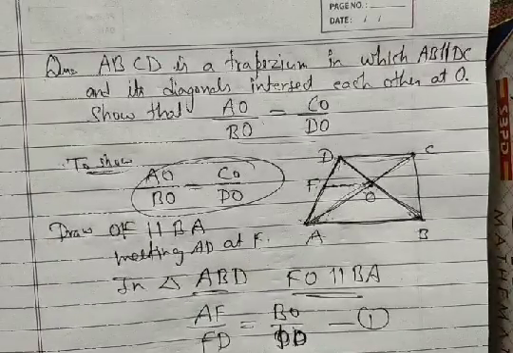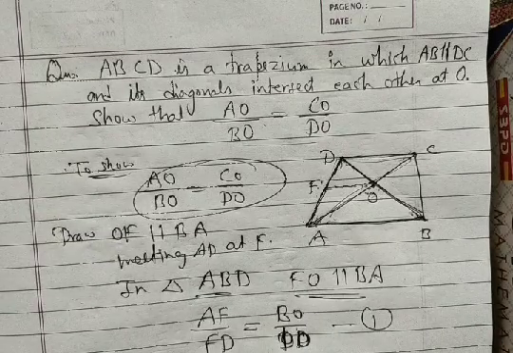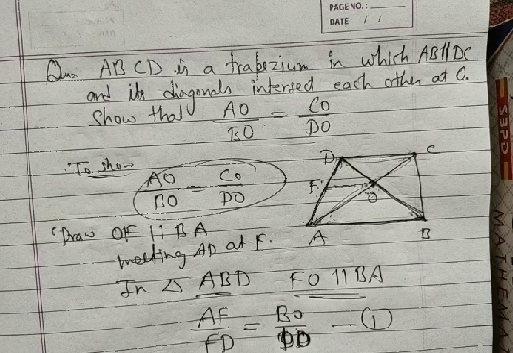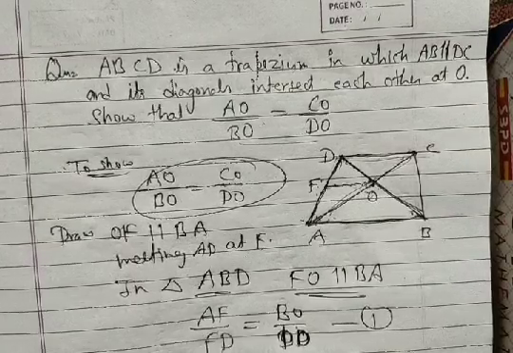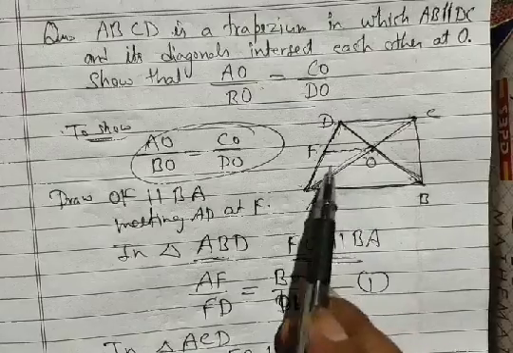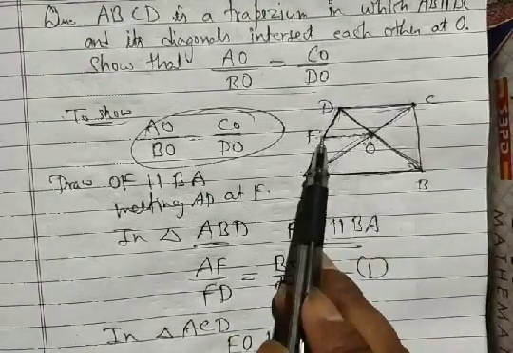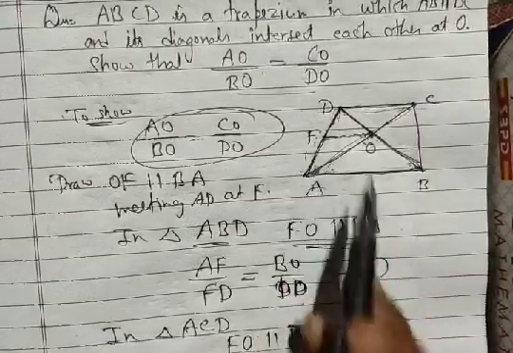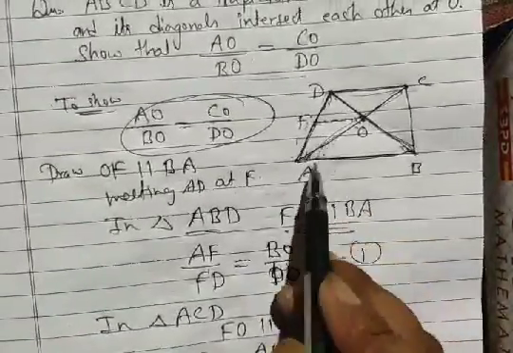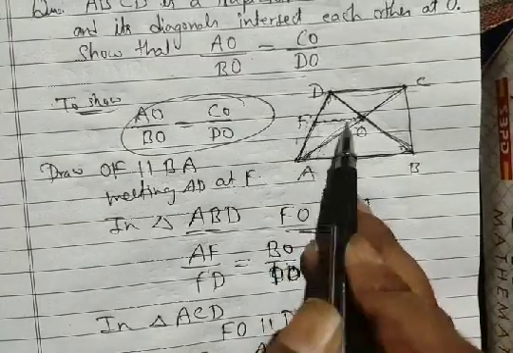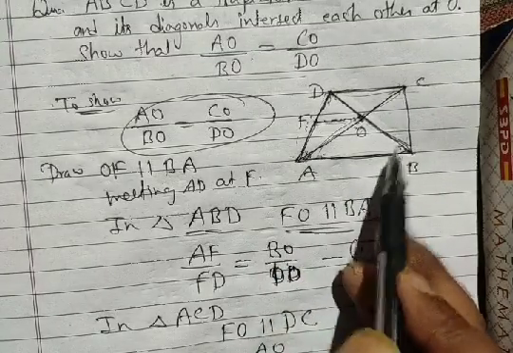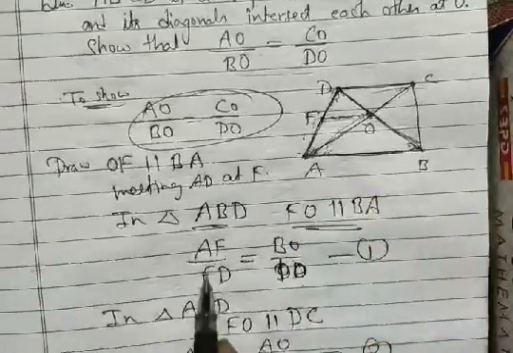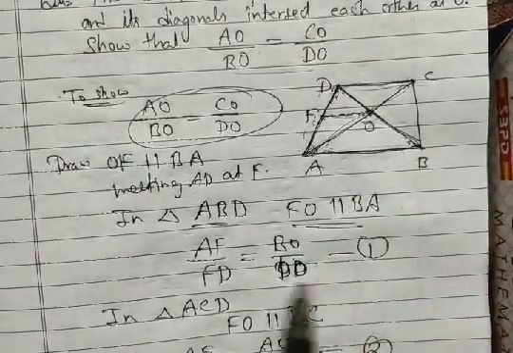I am going to explain it again, revising. ABCD is a trapezium in which AB is parallel to DC and its diagonals intersect each other at O. We have to show that AO is to BO equals CO is to DO. Using the construction, draw OF parallel to BA meeting AD at point F. In triangle ABD, FO is parallel to AB, so by the basic proportionality theorem AF is to FD equals BO is to DO.